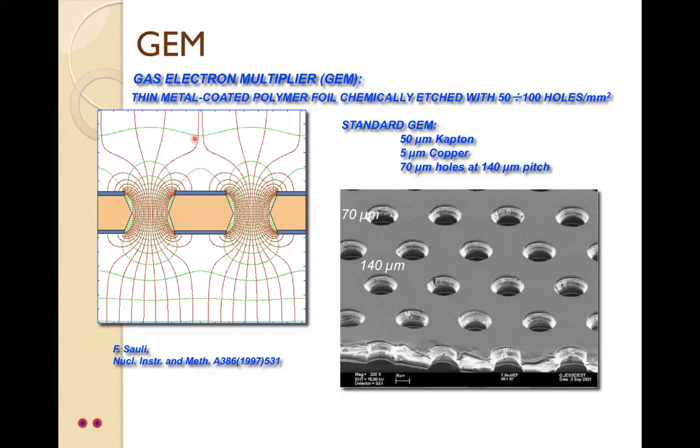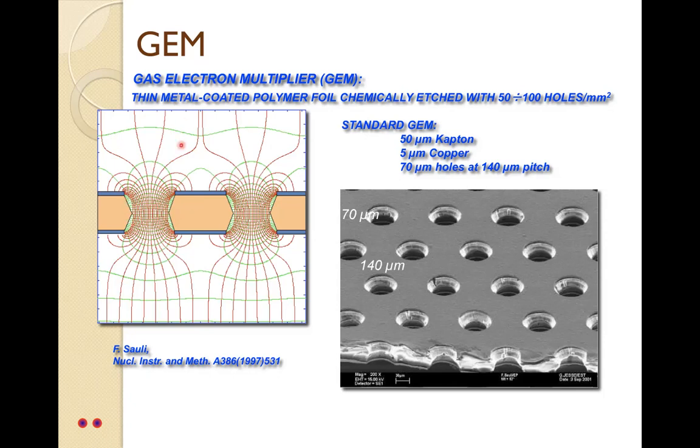Now, there is also an electric field created by some means, I will show very soon. So some electrons, because of the electric field, will try to go here and cross this hole. Now, if the electric field here is something like 3 or 5 kilovolt per centimeter, and suddenly it goes into a region with 80 kilovolt per centimeter, there will be some interaction with gas molecules and an avalanche will be created.